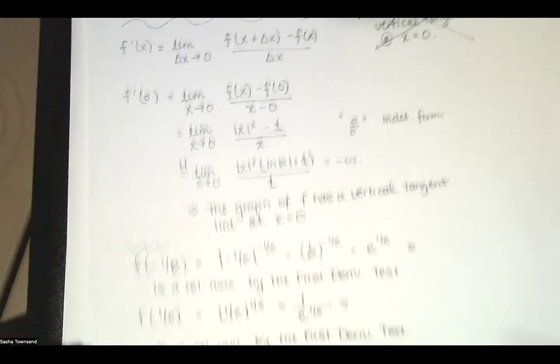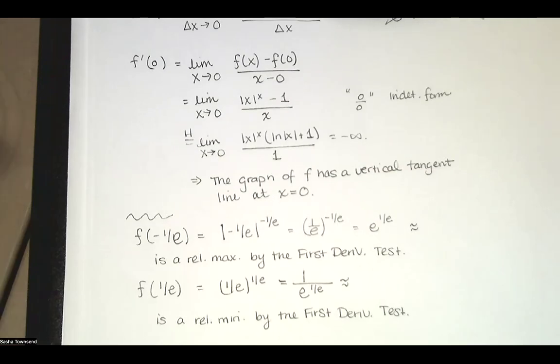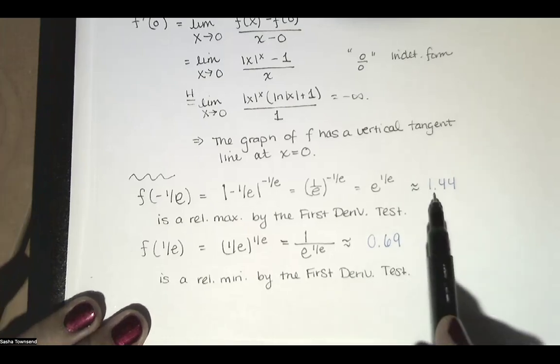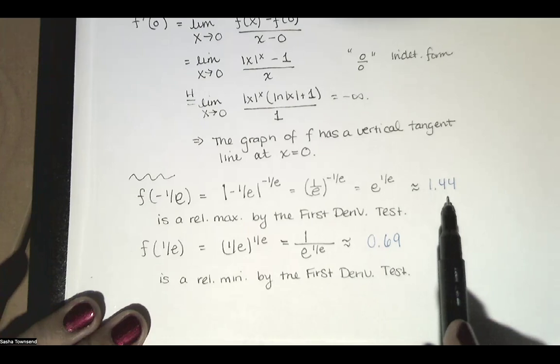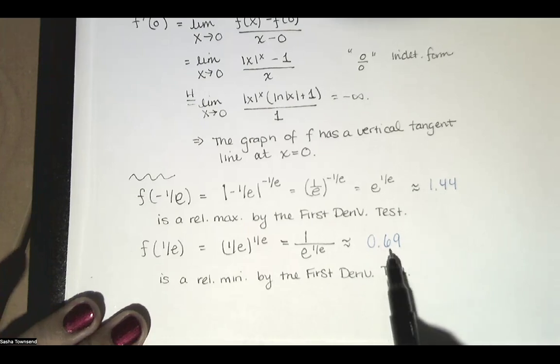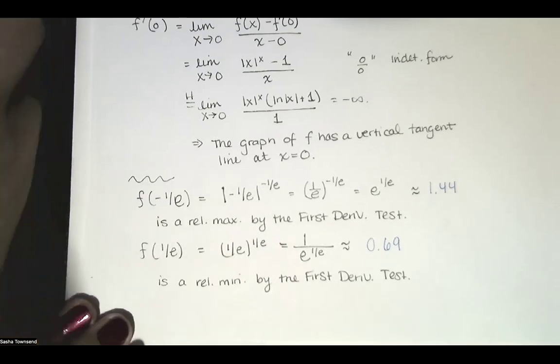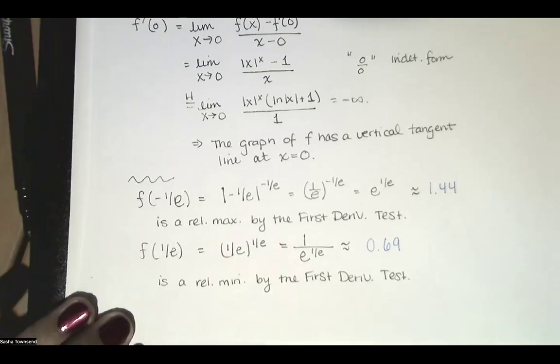Now let me use my calculator to figure out what those values are. So using a calculator, I found that that number is approximately 1.44 and that number is approximately 0.69. And I guess I should have looked at this 1 divided by e. I think it said 1 divided by e was about 0.36.